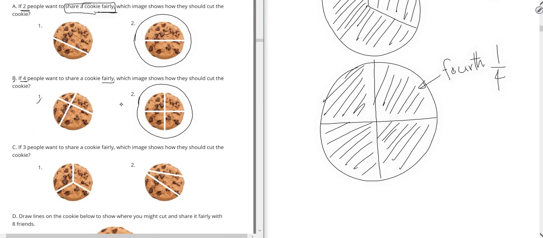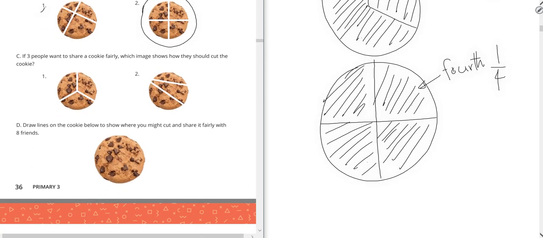Number 3, if three people want to share a cookie fairly, how many people? 3. Which image shows how they should cut the cookie? The first image, 1, 2, 3. 3 equal parts. So we will circle number 1. Number 2, 3 parts, but they are not equal.